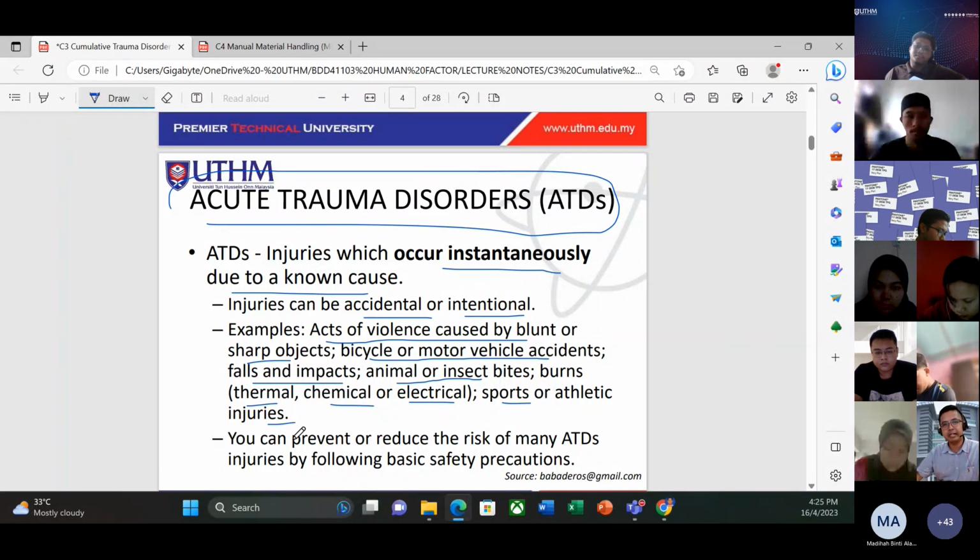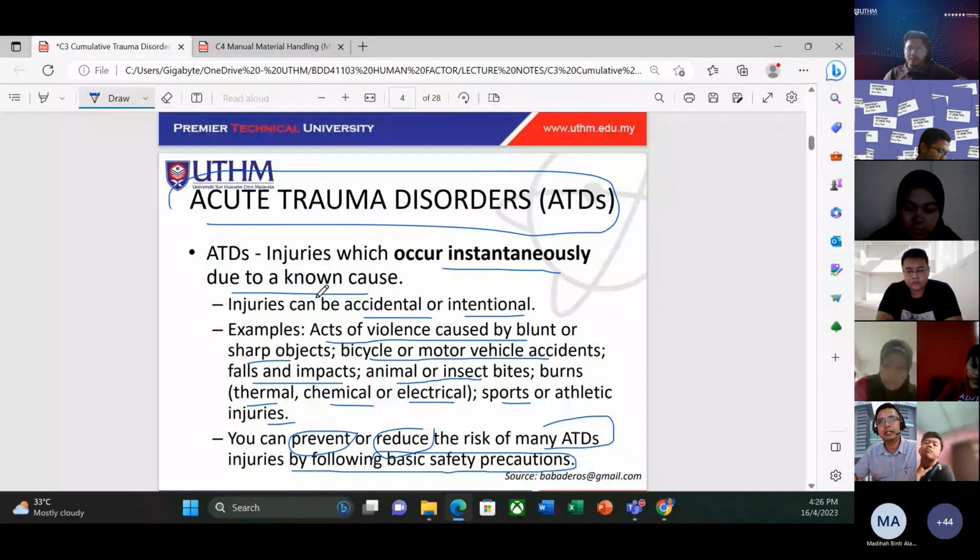You can prevent or reduce the risk of many ATD injuries by following basic safety precautions. So I repeat again, ATD, acute trauma disorder, occurs instantly due to non-causes.